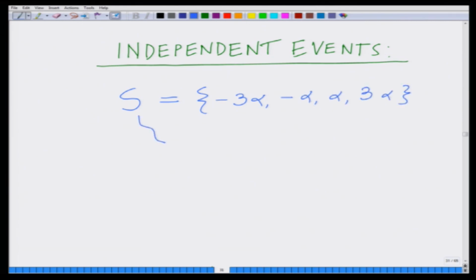We had said that this is our 4 PAM or M-PAM, pulse amplitude modulation constellation, and we had considered the probabilities 1 by 8, 1 by 8, 1 over 4 and a half.